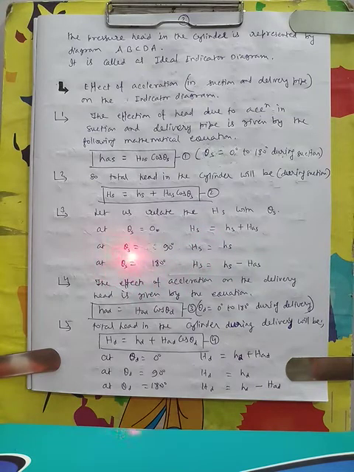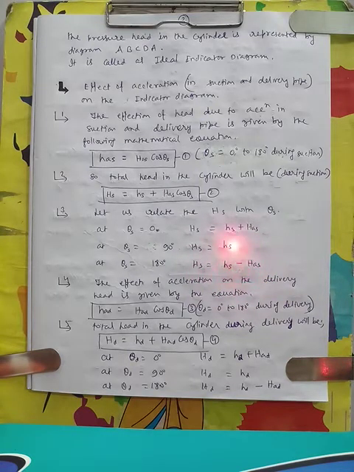At the end of the suction stroke, theta S is 180 degree, cos 180 degree is minus 1, so the head is HS minus HAS. So at 0 degree this is the total head including the effect of acceleration, at 90 degree this is the head, and at 180 degree this is the head.